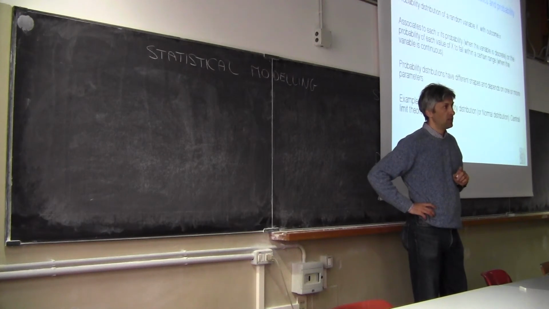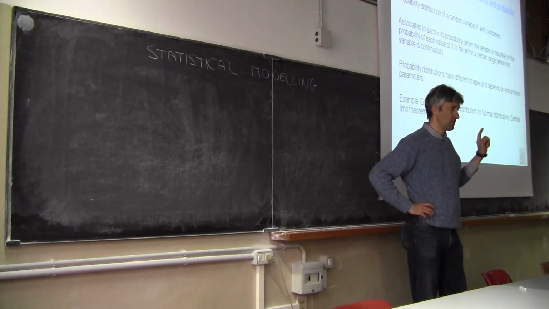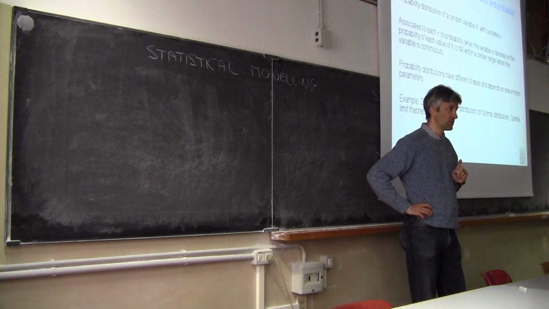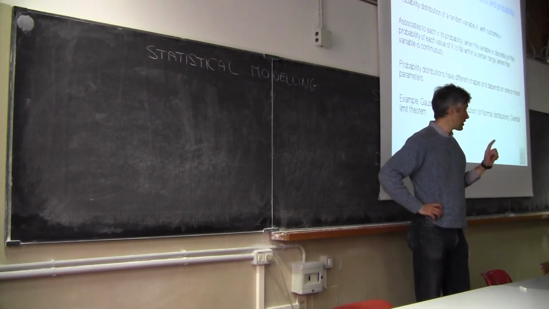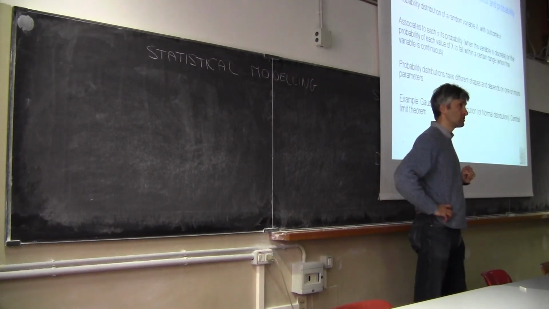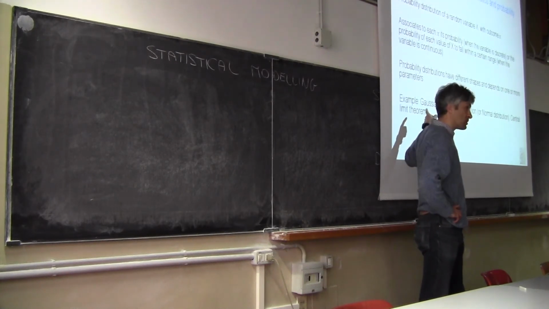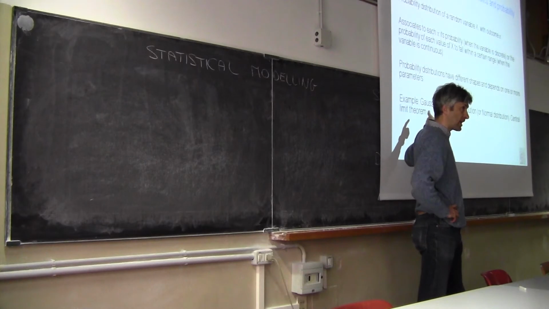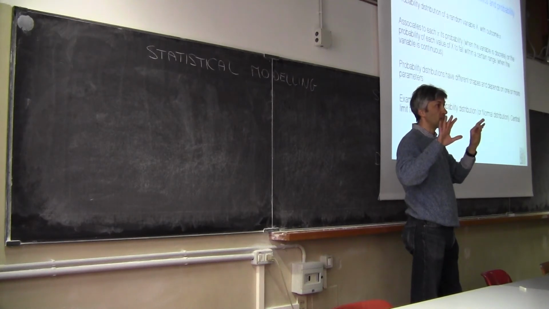It means that if you consider the daily river flows of the Po River and want to associate to each outcome its probability, you can try to use this distribution. But when you compare the response of this Gaussian distribution with a frequency analysis, you find that it doesn't work.